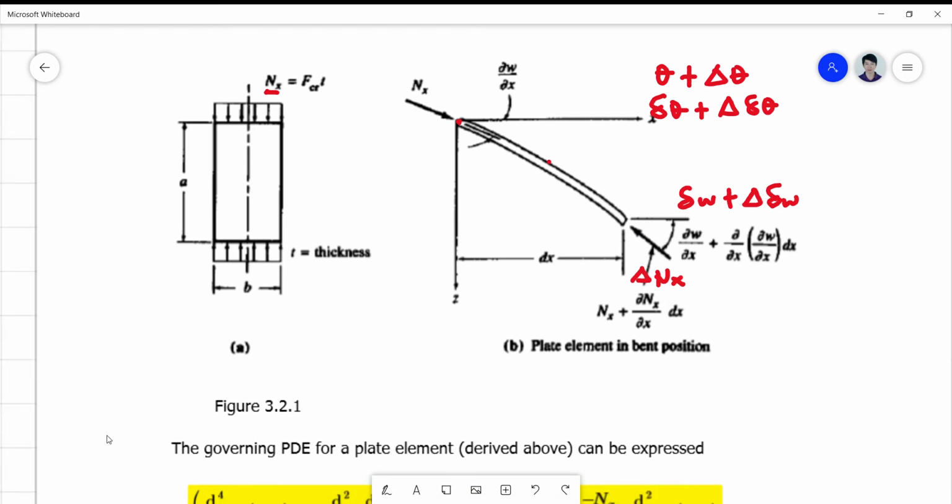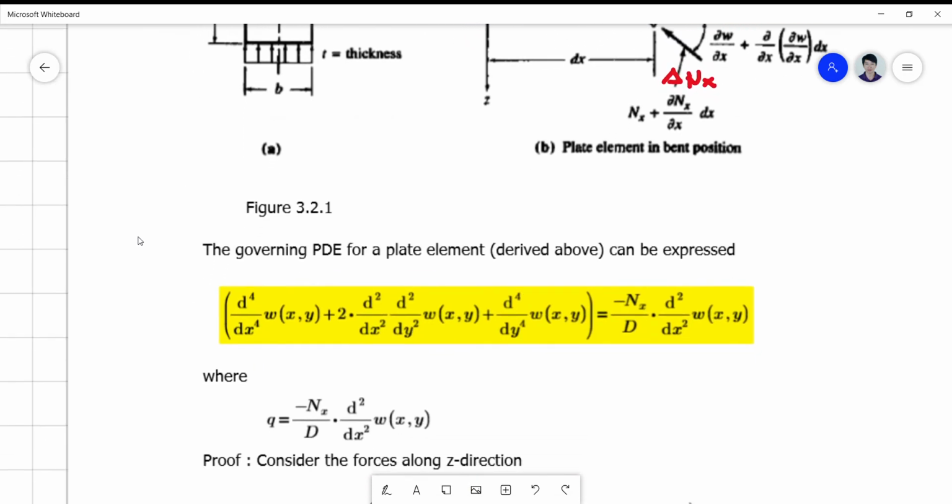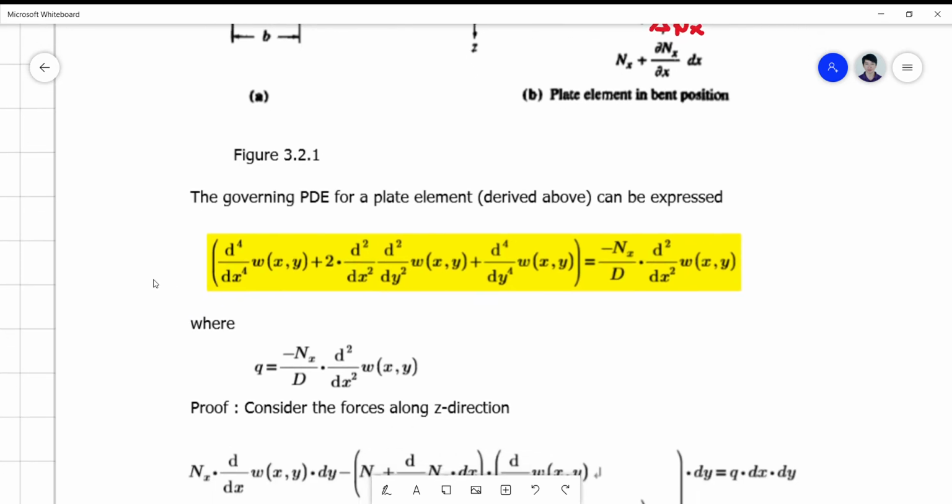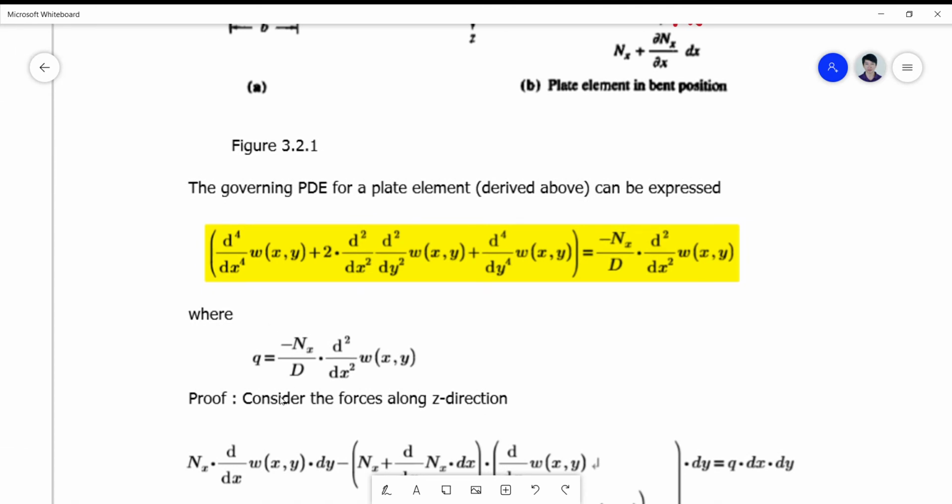So the governing PDE for the plate element derived above was expressed in this manner. This was previously derived in the last video, where Q is defined to be this value here.